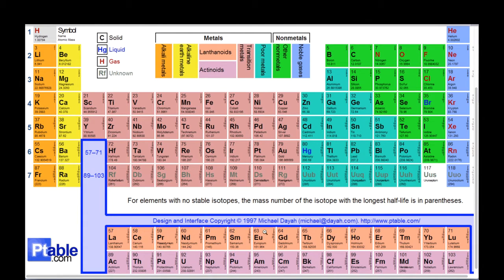So this first column would not be in the 6th, it wouldn't be in the 5th, it'd be in the 4th period. So how it goes, it would be 6s1, 6s2. Then it would be 4f1 through 4f14.